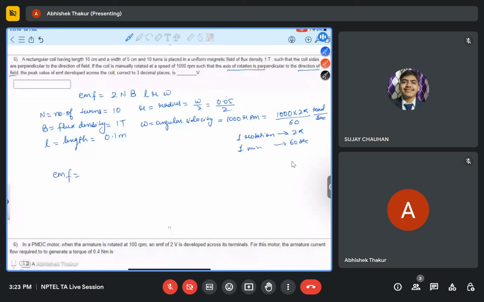So in this question, the induced EMF will become 2 into number of turns, that is 10, into B 1, L is 0.1, R is 0.05 by 2, into 1000 into 2 pi by 60.